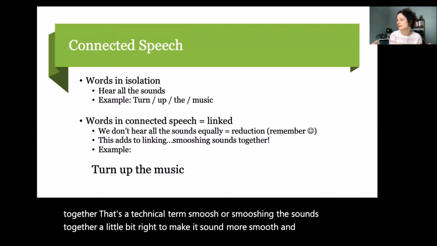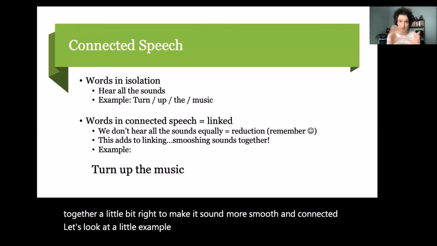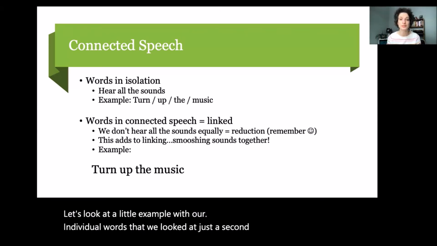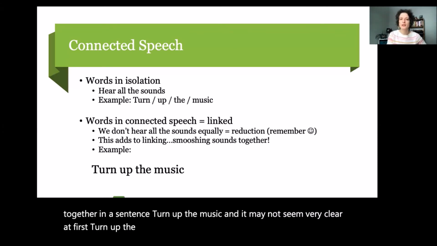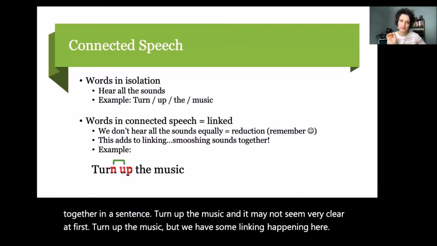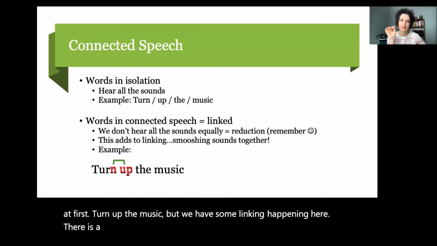Let's look at a little example with our individual words that we looked at just a second ago. Now we'll put them together in a sentence: turn up the music. It may not seem very clear at first, but we have some linking happening here. There is a link between the end of turn and the beginning of the word up.